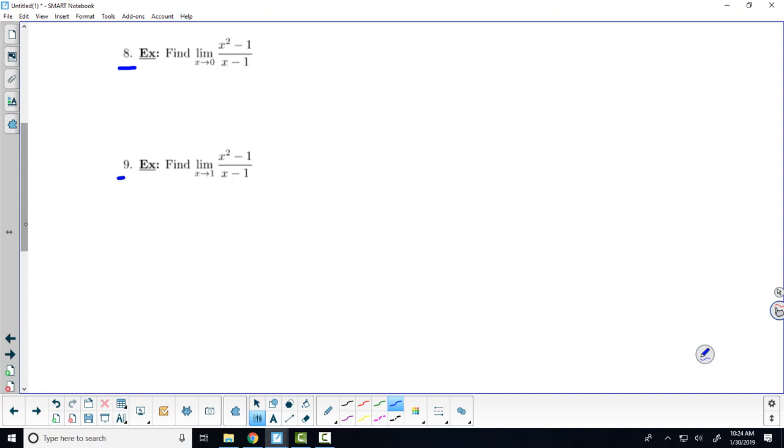In number 8, what type of function am I taking the limit of? What's the name of that category of function? It's a rational function, right? What's the domain of this rational function?